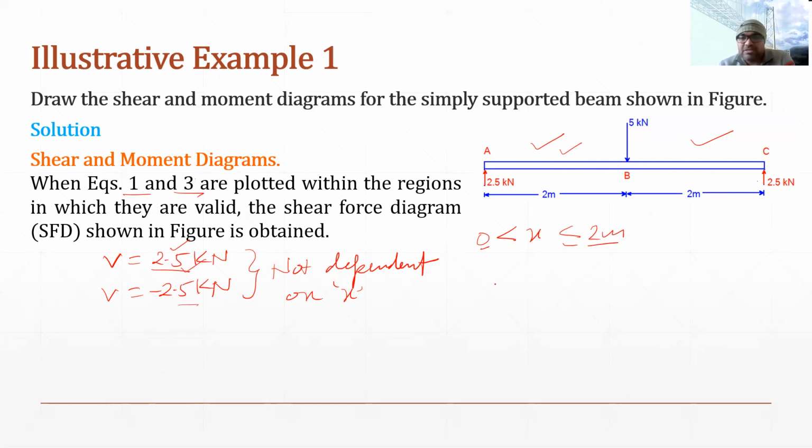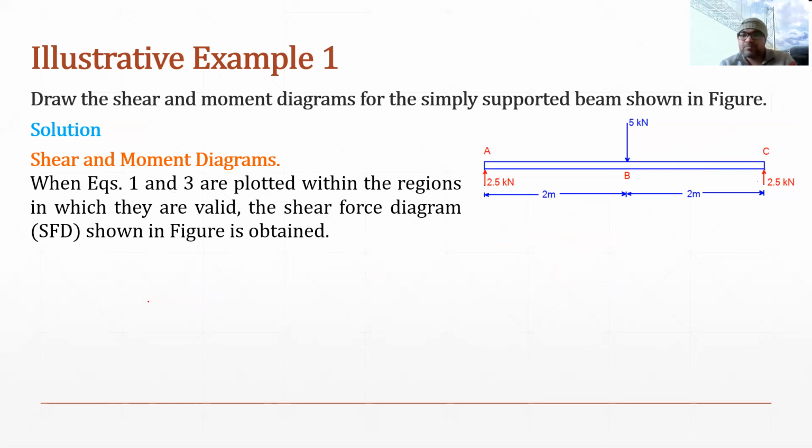Similarly, for segment BC, the distance is 2 meters to 4 meters. For all values of x between 2 and 4 meters, the value of V will be minus 2.5. Now we will plot these values in the diagram like this.